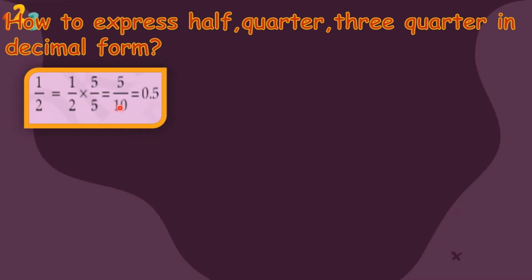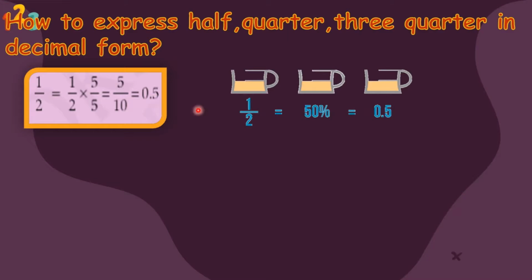So we multiply the fraction 1 upon 2 by 5 and we get the equivalent fraction 5 upon 10, which is with denominator 10. So we can write this in decimal form as 0.5. Hence, half, that is 1 upon 2, can be written as 0.5 in the decimal form.